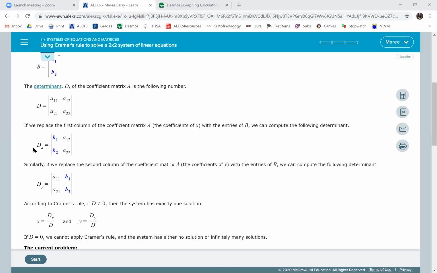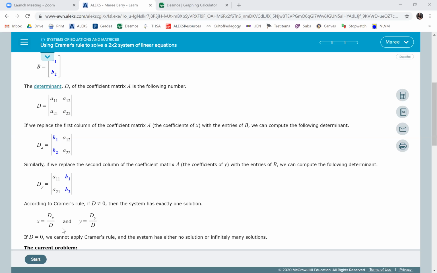To find x, you have to find the determinant where the column where you used to have the x's is now the answers. If you put that determinant in the numerator of a fraction, and the coefficient matrix determinant in the denominator, and reduce, that's going to be your answer for x.